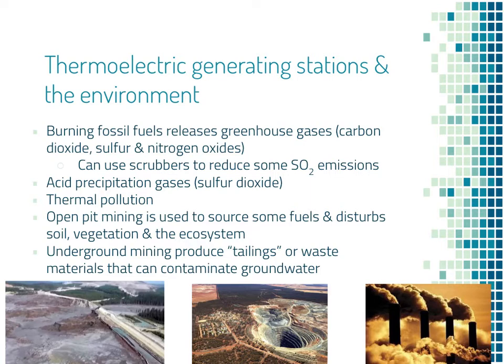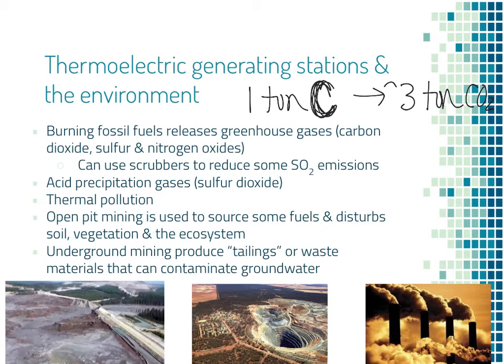One thing to note, for every 1 ton of carbon or coal burned, we make approximately 3 tons of CO2. So the amount of CO2 that we put into the atmosphere in burning fossil fuels is quite large.